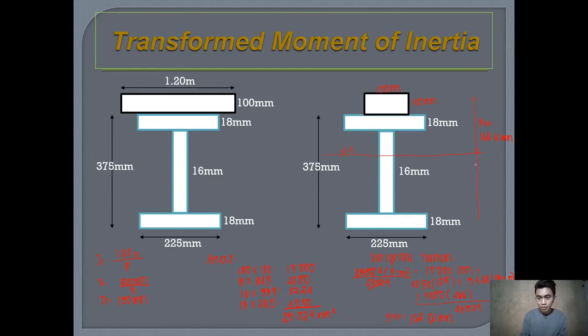Therefore, y bottom now, yb is equal to 475 minus 162.61, which is 312.39. So we have here 312.39. So we already know the location of our neutral axis. We can now easily solve for the transformed moment of inertia.